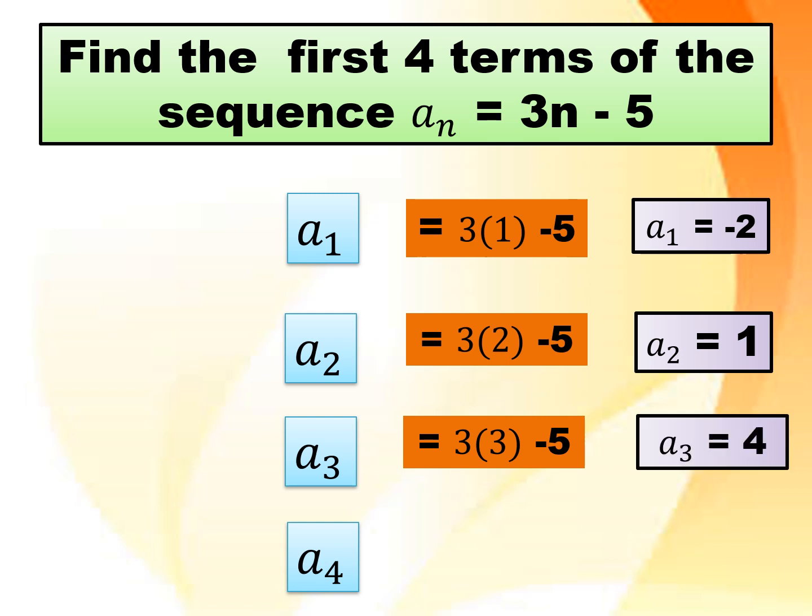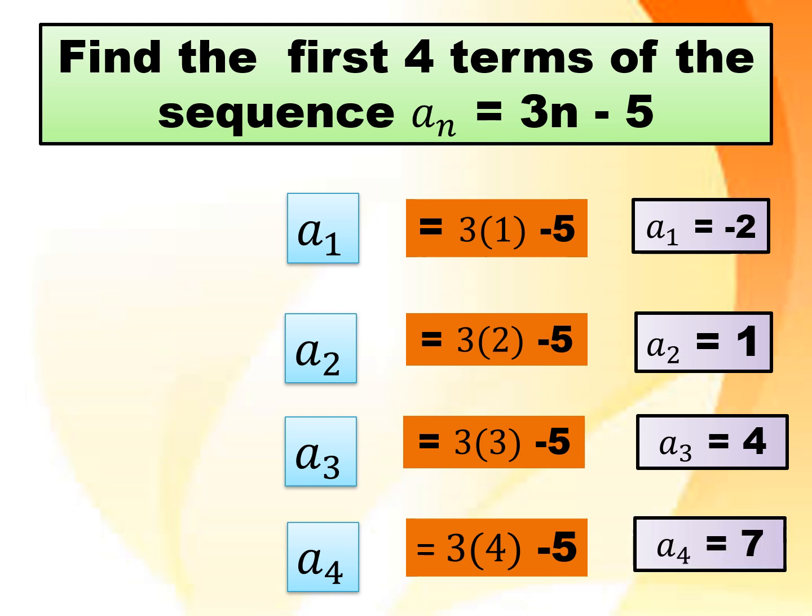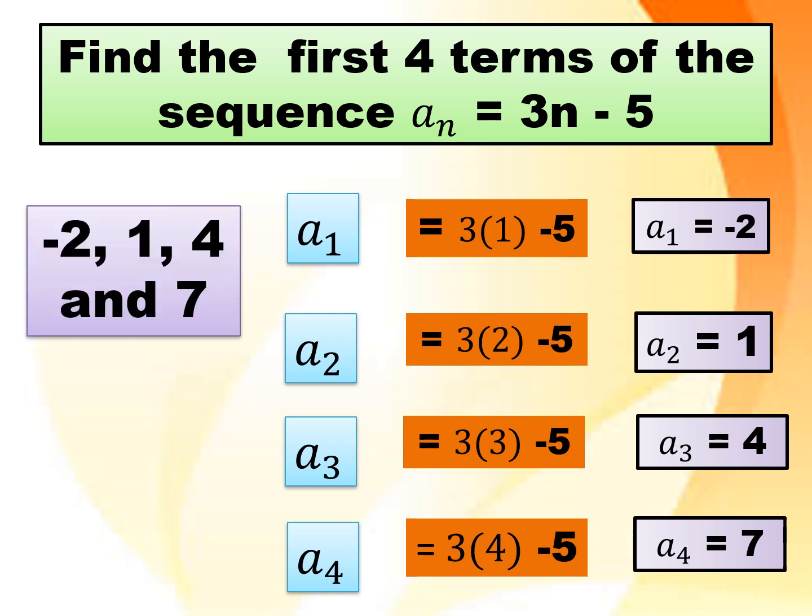We will then have a sub 3 is equal to 4. For our fourth term, we will have 3 times 4 minus 5, which is equal to 7. We therefore conclude that the first four terms of the sequence are negative 2, 1, 4, and 7.